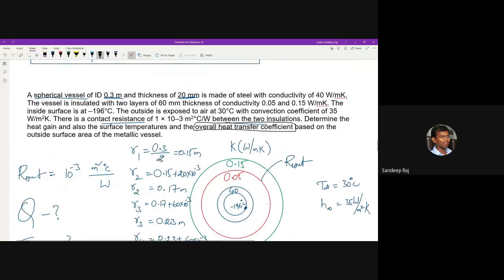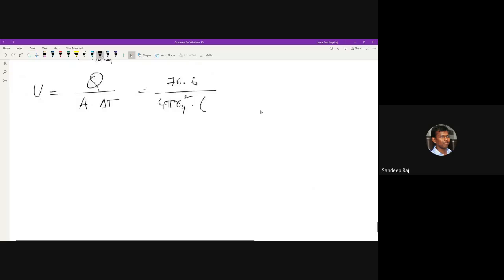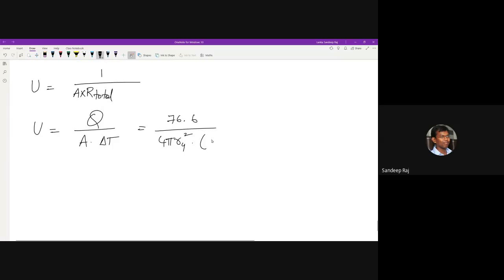It is given as 30 in the question. Okay, 30. Using that, you can substitute the values here: minus 196 minus 30. Anyway, a minus you will have here, and this minus will go off. And this R4 is nothing but your 0.29 meter. Substitute the values, and you will get the U value in watt per meter square Kelvin.